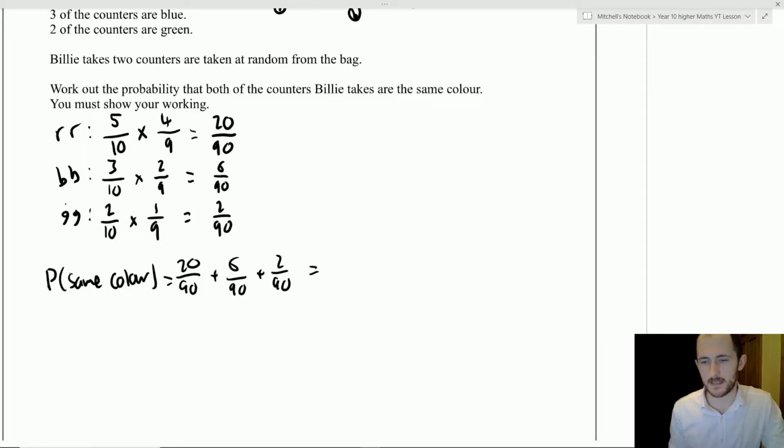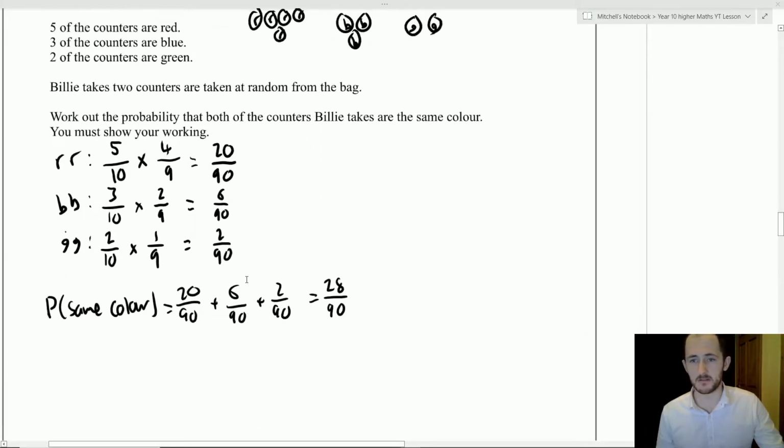So 20 add 6 is 26, plus 2 is 28, over 90. And again, you don't have to simplify if they don't specify. So I think that's okay so far, hopefully. Again, that was a 4-mark question, done pretty quickly, I think.